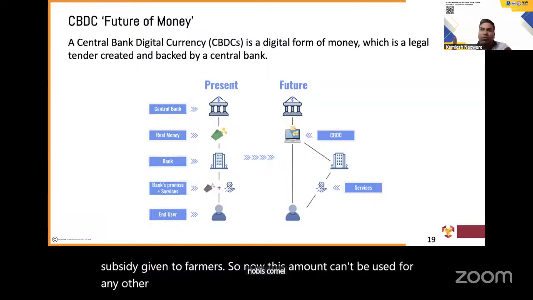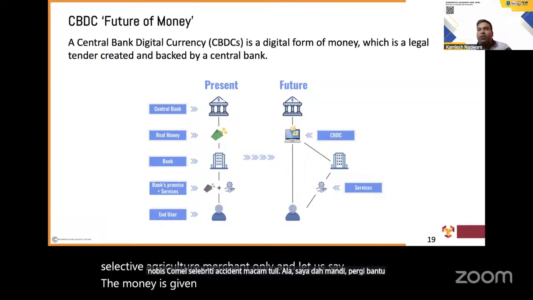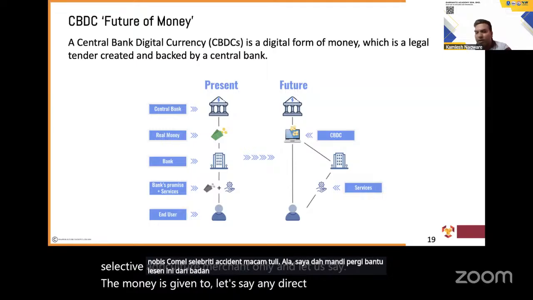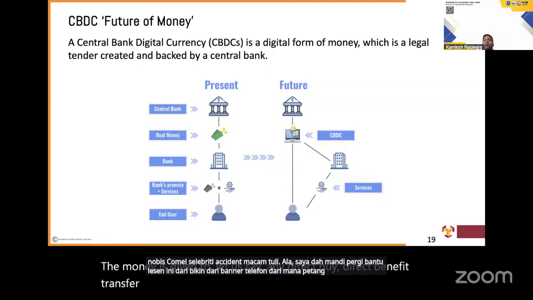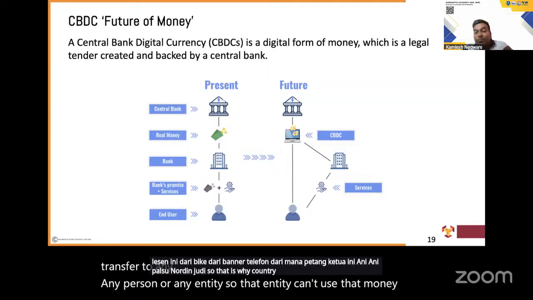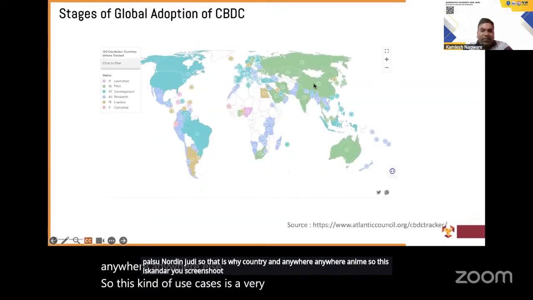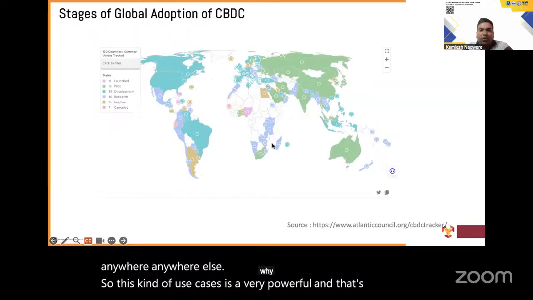It could be used on selective agriculture merchants only. And let's say the money is given as a direct benefit transfer to any person or any entity, that entity can't use that money anywhere else. So this kind of use case is very powerful, and that's why CBDC adoption is happening globally.